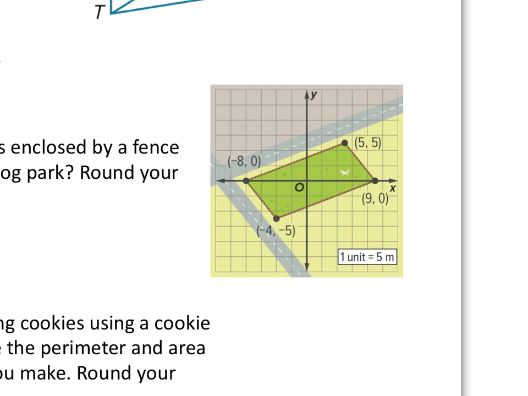I know that this length is equal to this length is equal to this length. So when I go to find the perimeter, I should be using the distance formula. I can use the distance formula for this side, and for this side, and then of course the other opposite sides are going to be the same. That's one way I can do it. When I'm looking at area, I could also deconstruct this and say that technically I have two triangles.